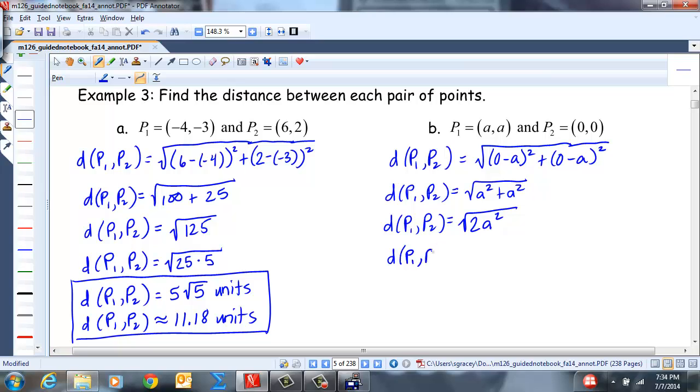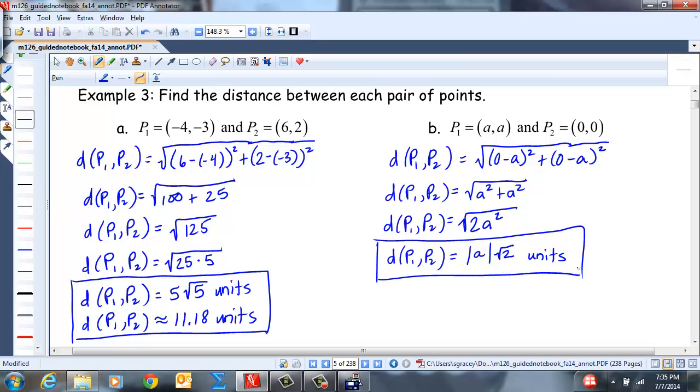So we can pull out an a, but be careful, you have to write that as absolute a to ensure that it's positive. And then we have times root 2. Or you could write it as root 2 times the absolute value of a. And we're done. This is also in linear units. All right. Moving right along.